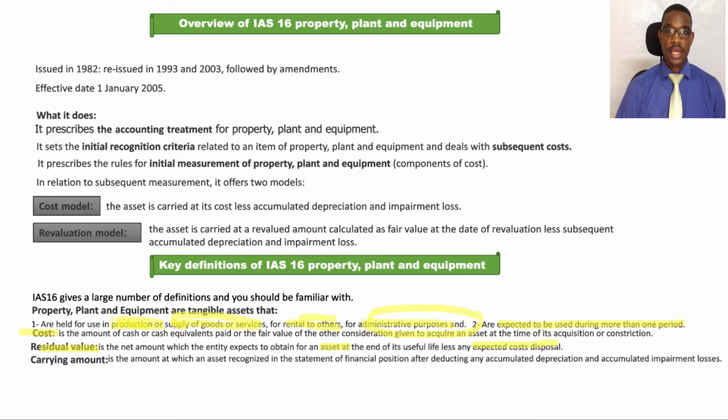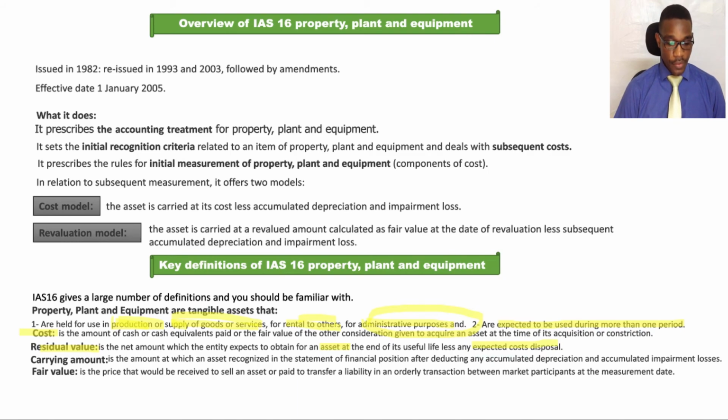For these buildings, each financial year, you need to account for the depreciation. It means accumulated depreciation. The carrying amount of the asset at that time will be the initial cost, the cost that you paid initially to acquire this asset, less accumulated depreciation and less any accumulated impairment loss.